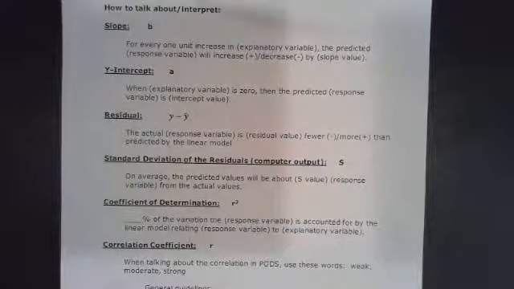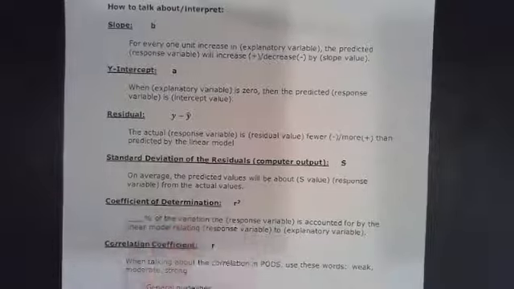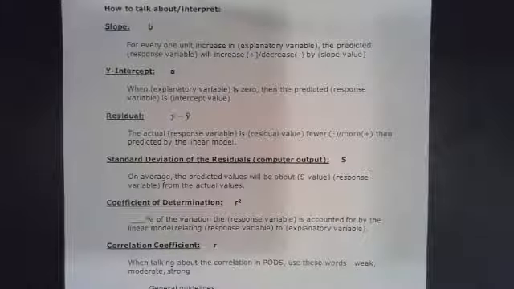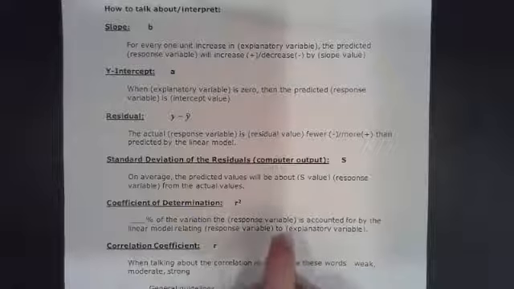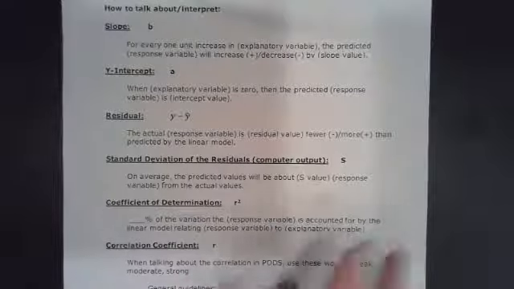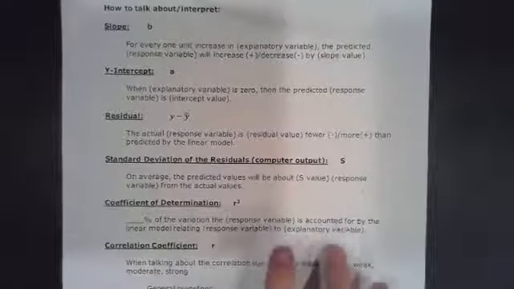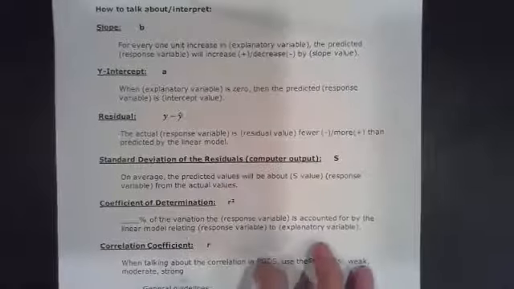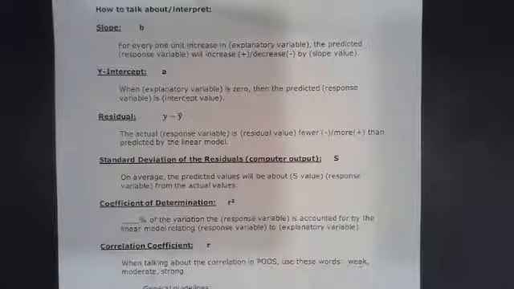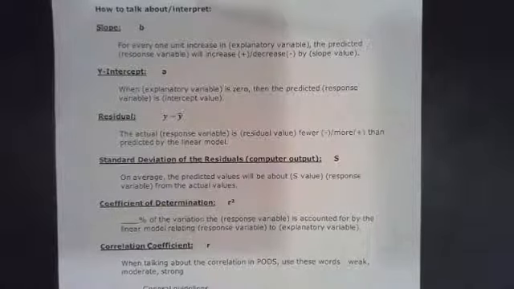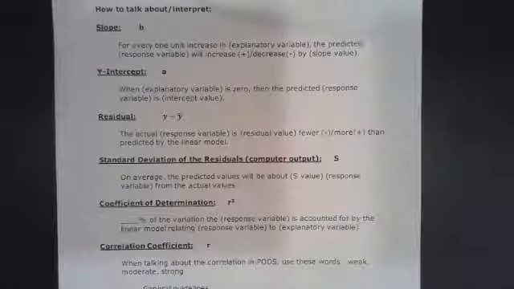On average, how far away are we predicting from the actual values? Okay, coefficient of determination, R squared. This explains the percent of the variation in the response variable that's accounted for by the explanatory variable. So how much of the variation in y is accounted for by x?